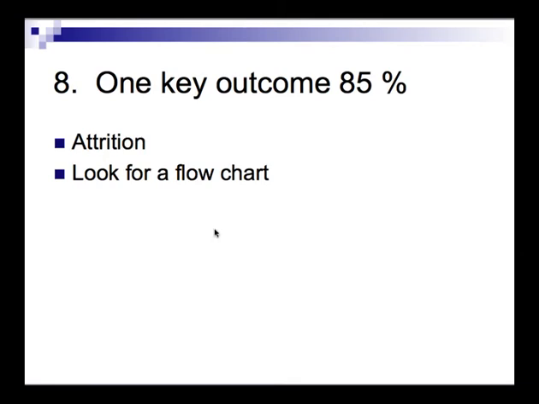So the next item on the PEDRO scale is the attrition rate. Usually these days, almost all clinical trials have a flow chart included as part of the report, and it'll detail the attrition rate. Attrition in clinical trials is difficult to avoid.